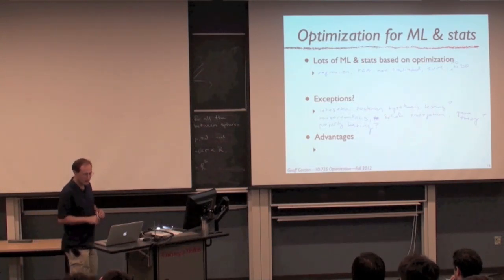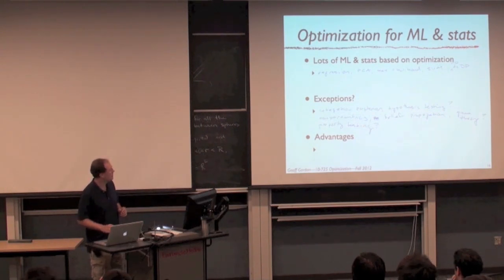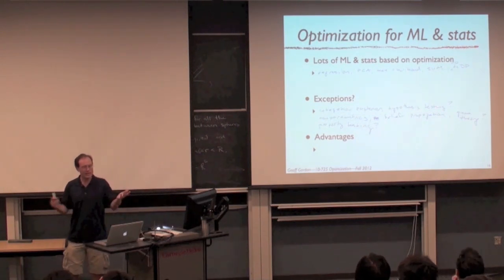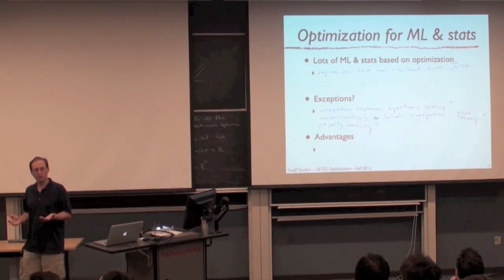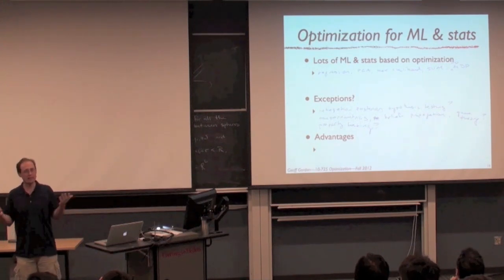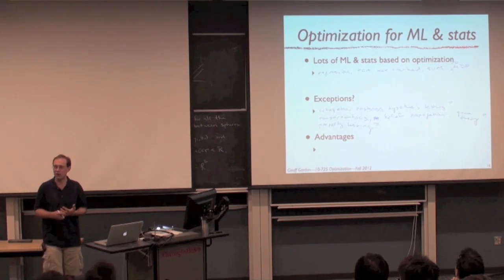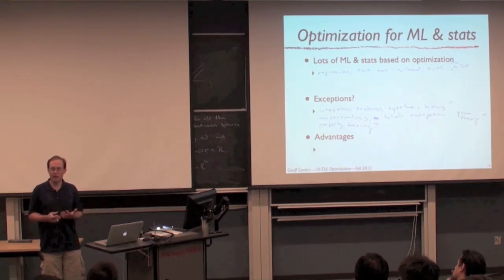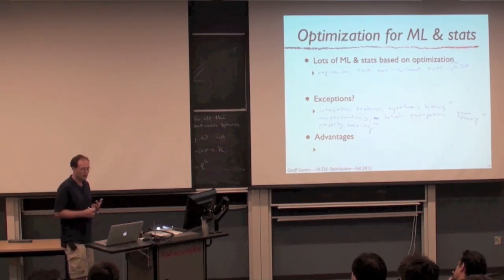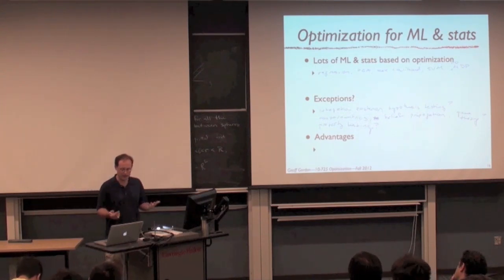All right. So why is it that this happened? Why is it that so much of machine learning and statistics is phrased as optimization problems? Well, there are a lot of advantages to doing it this way.